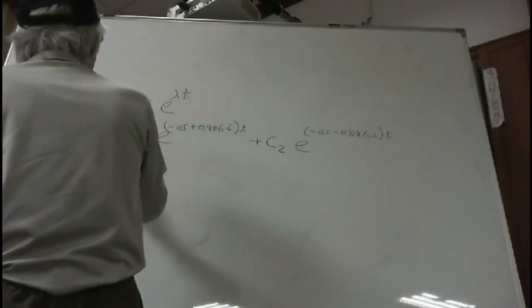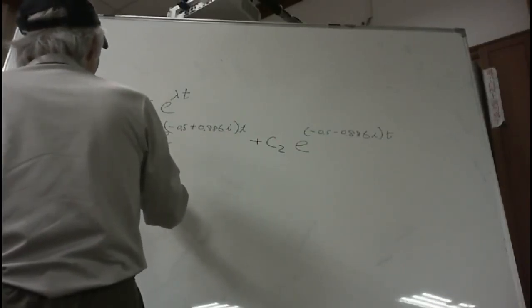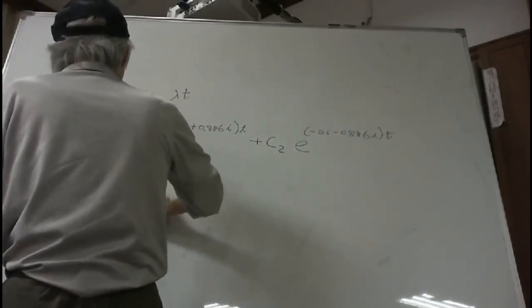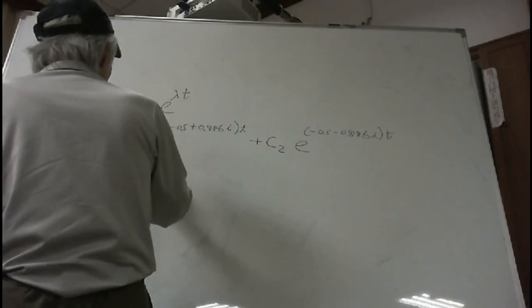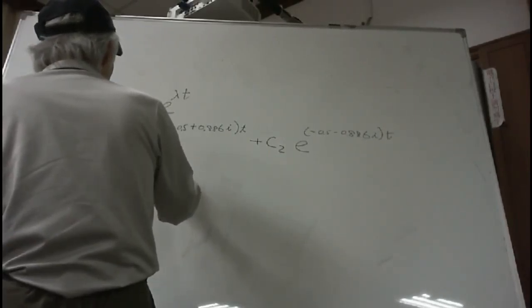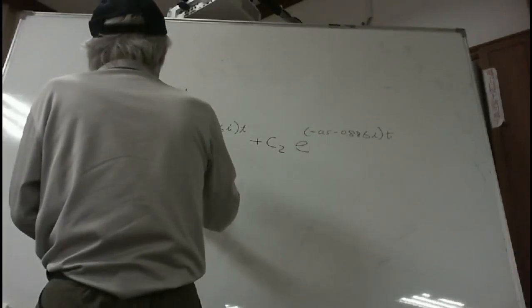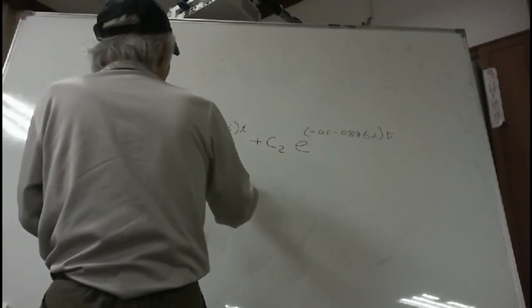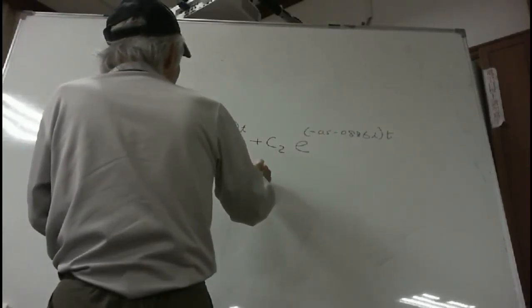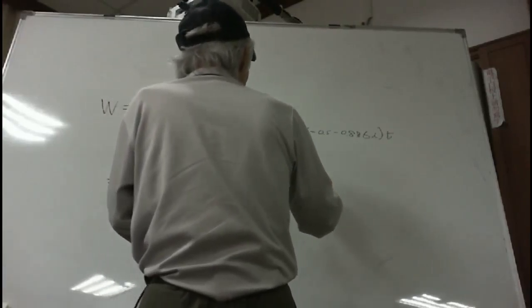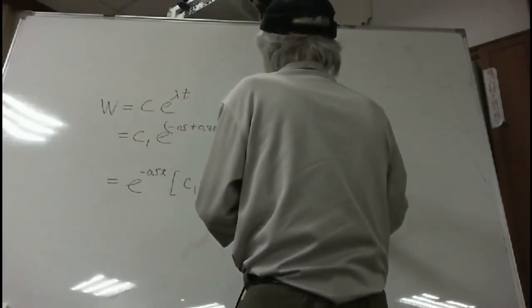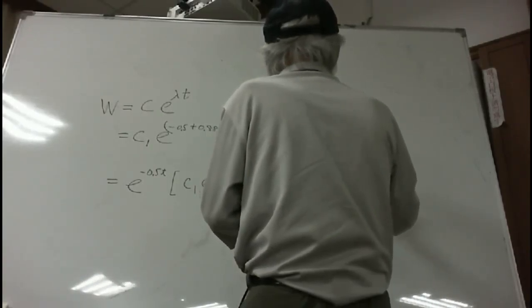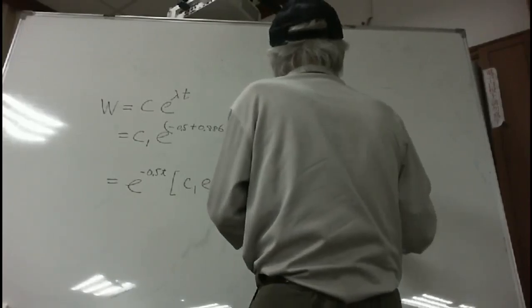Now, if you look at this one here, I can write it like this: e^(minus 0.5 t) times parentheses C1 e^(0.886i t) plus C2 e^(minus 0.886i t).